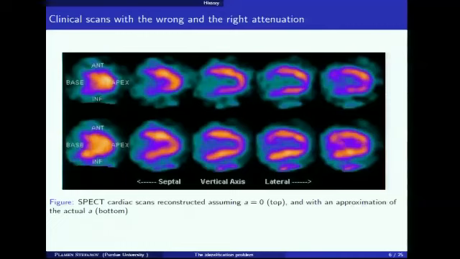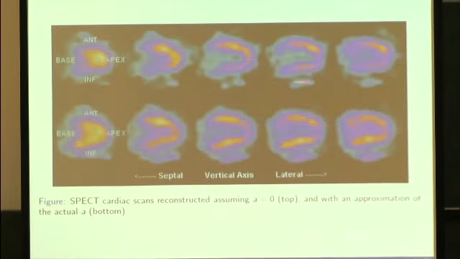What happens? Okay, so here is a picture that I got from the web. This is an actual clinical image, of a heart, I think. This is the reconstruction if you assume that A is 0. You don't know what A is, you just assume it's 0, so why not? And this is the image that we get. Of course, how you get that image is a different story, because your data may not even be in the image of the operator when A is 0, right?